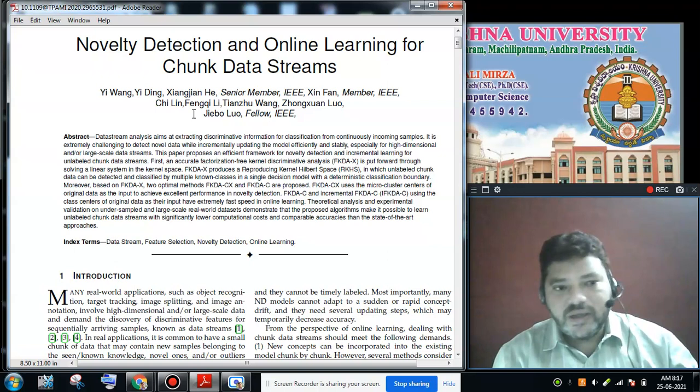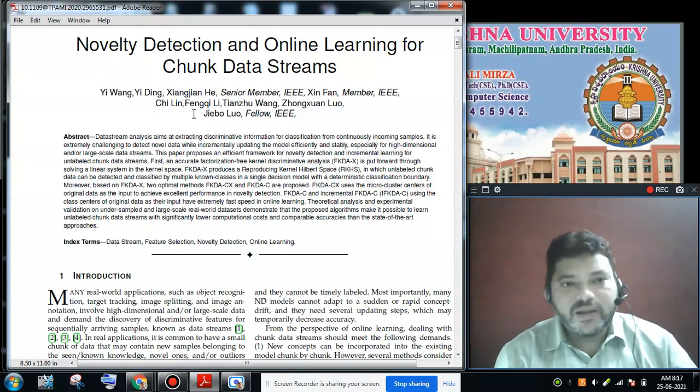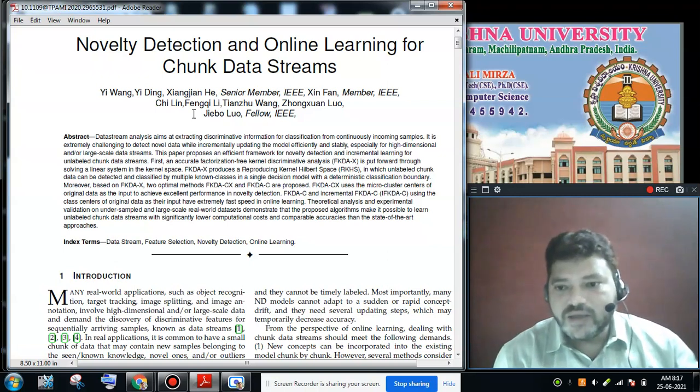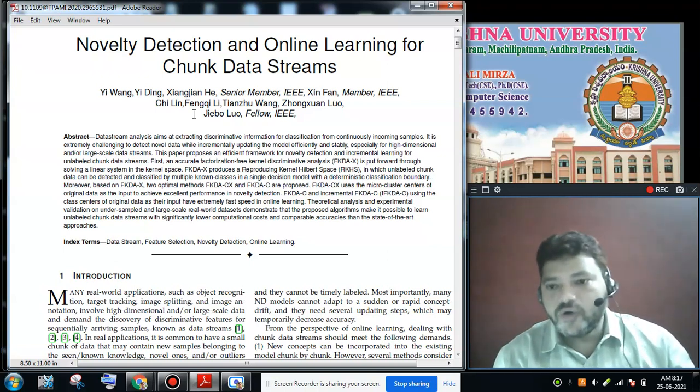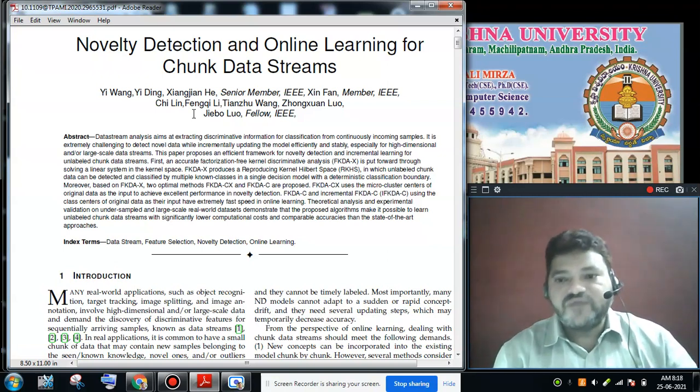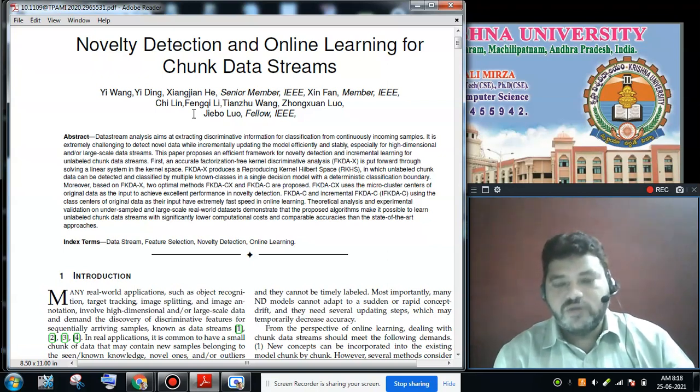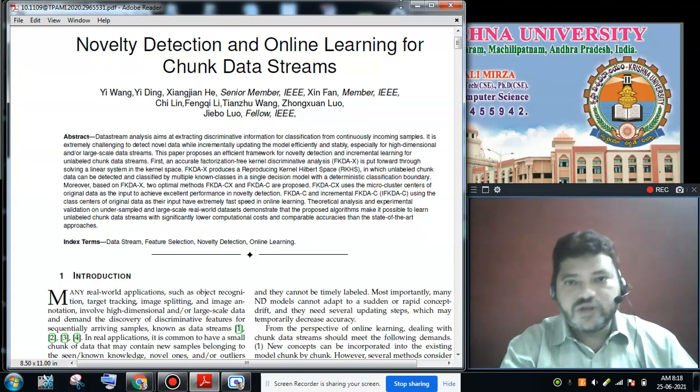And doing classification is the only thing normal algorithms are trying to do. But the authors claim that here they are not only trying to do the classification of the existing classes. Meanwhile, they are trying to find the new classes which can be there in the data. So that is what they have laid stress on here.